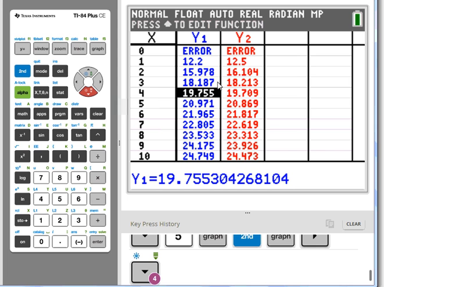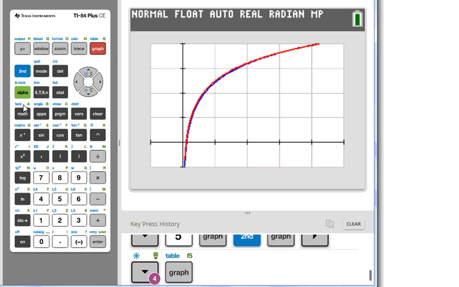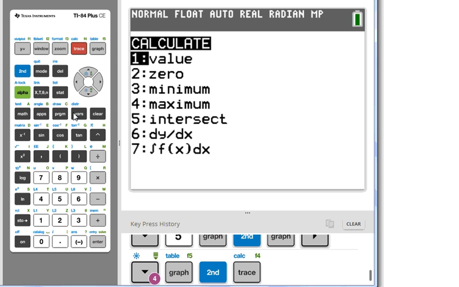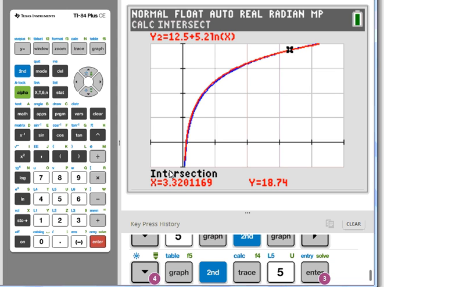So our intersection point is going to be somewhere between x equals 3 and x equals 4. Now going back to the graph, we can find the intersection point by pressing second, trace, 5 for intersect, enter, enter, enter. So we get x is approximately 3.32.